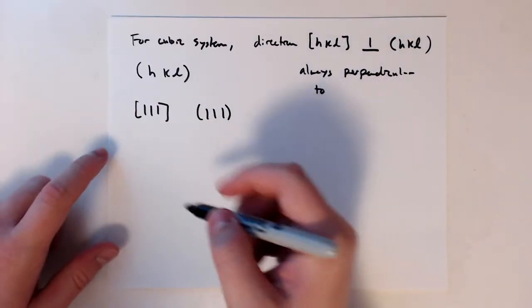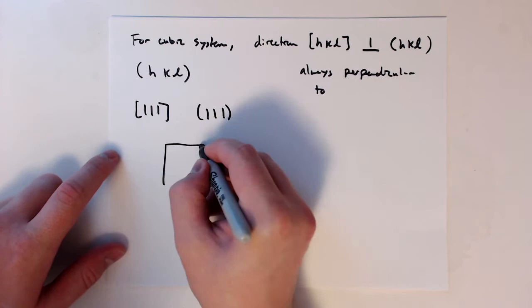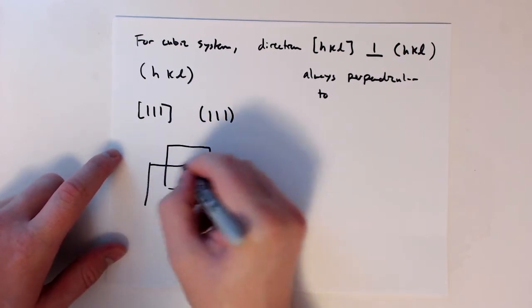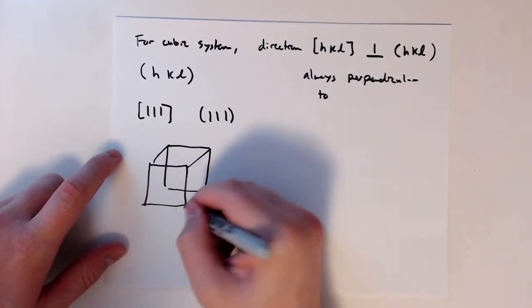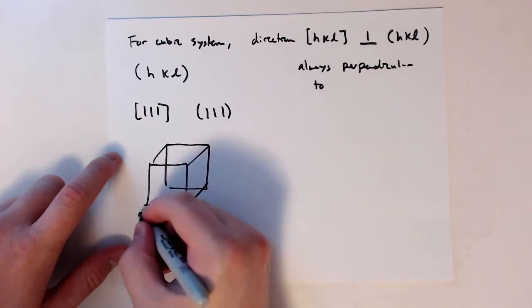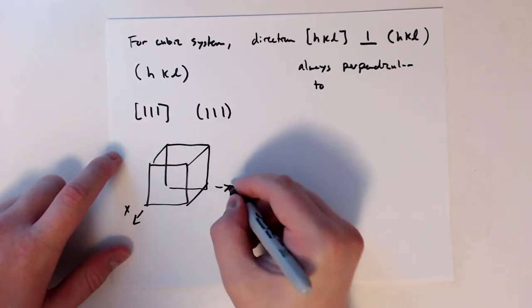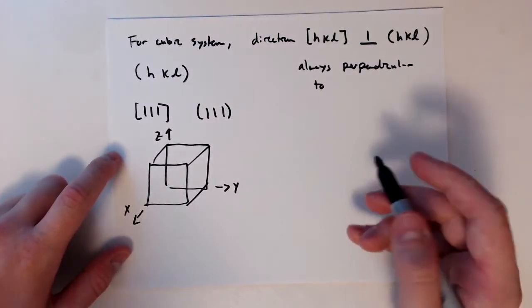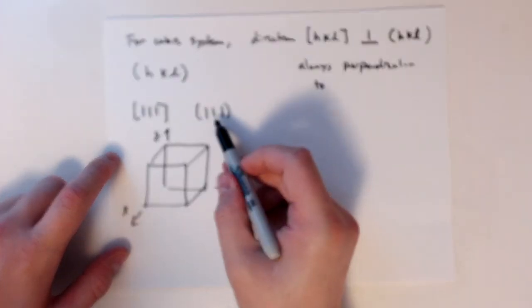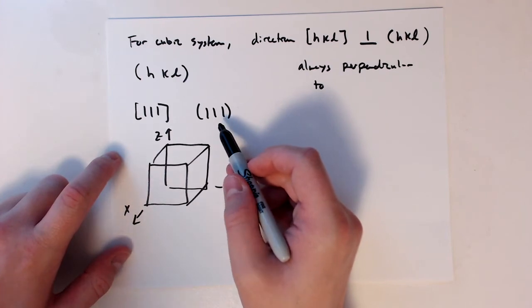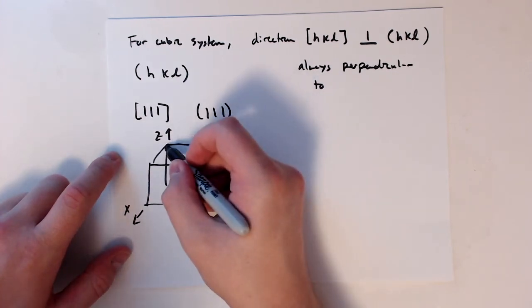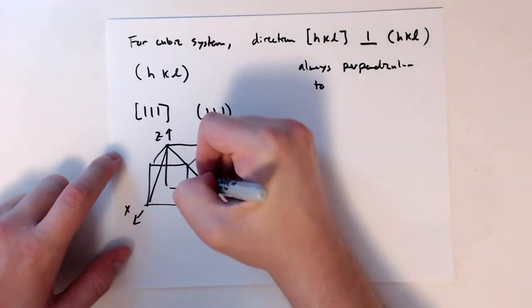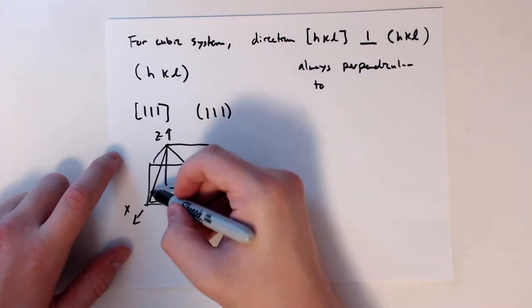So let me sort of draw you an example of this. So I have a cubic lattice. This is X, this is Y, this is Z. If I draw the 1, 1, 1 plane first, I'll draw that one first, and that forms this triangle.